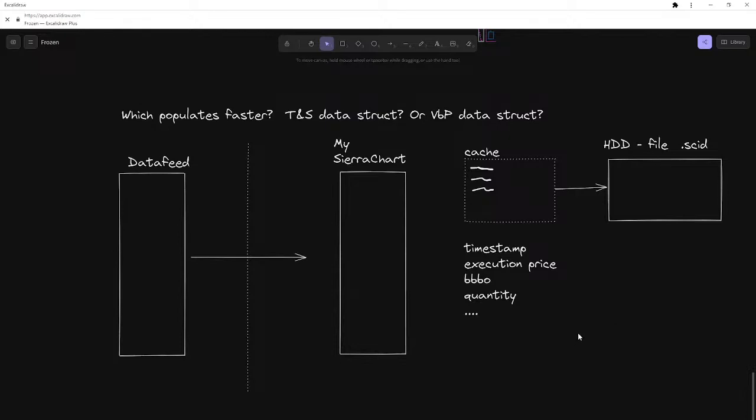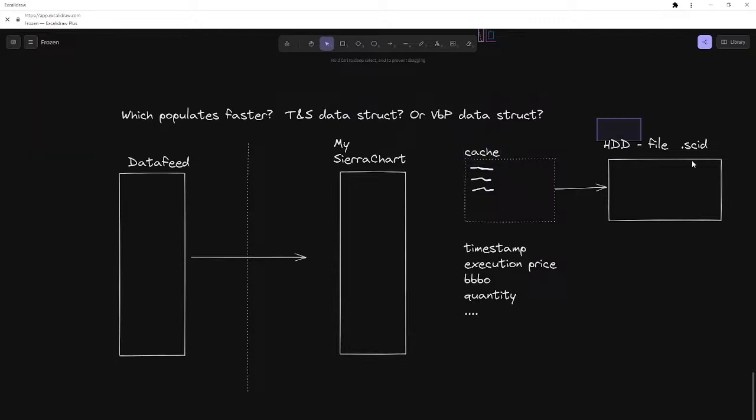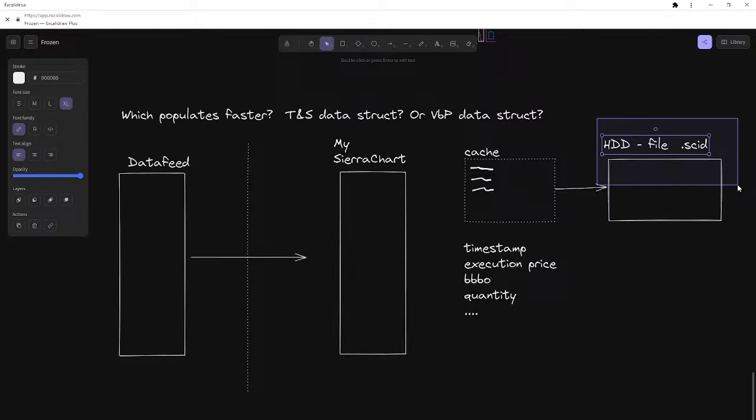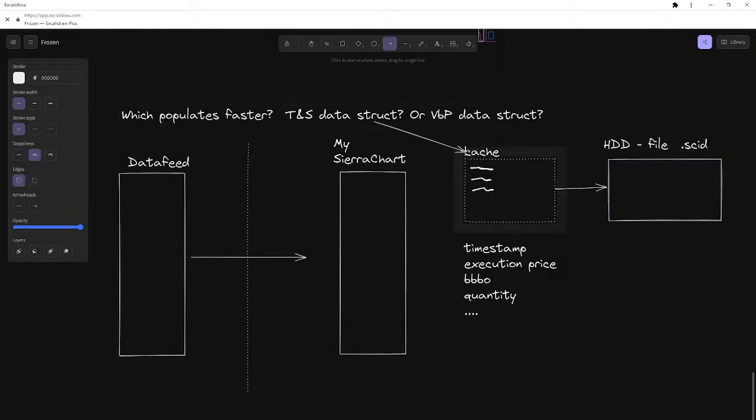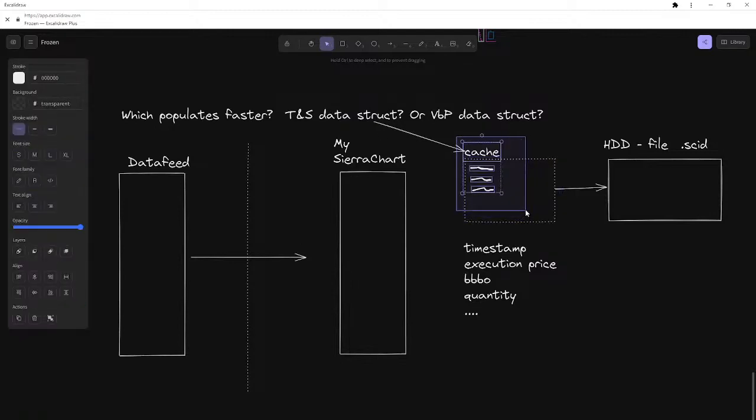The things that I don't know are the time and sales structure. I believe it is coming from this cache. I do not believe it is coming from this intraday file. I believe this is fetching directly from here. The reason I think that is because this data is not available in replay, and this cache is not available in replay.